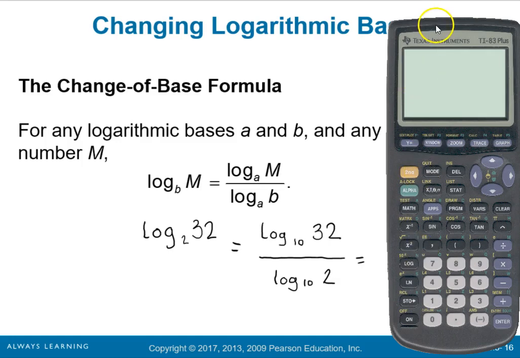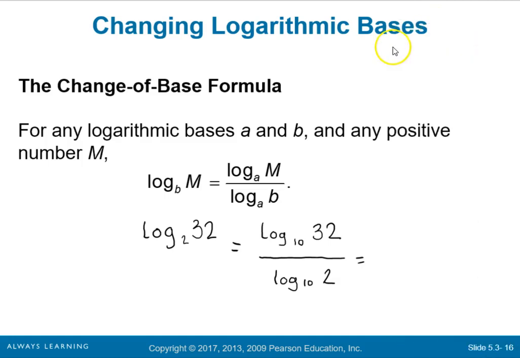Okay? And here's what's going to happen. We're going to take our log, changing it from our old log, our log base 2 in this case, with our m being a 32. We take our log base 10 of 32, and then divide by log base 10 with our 2 for the base.